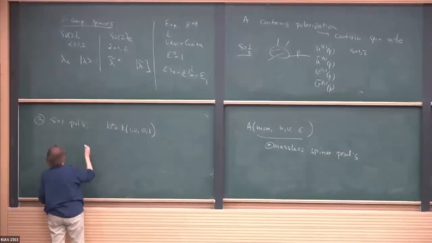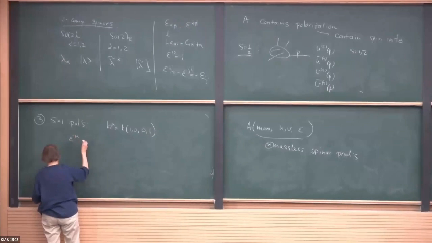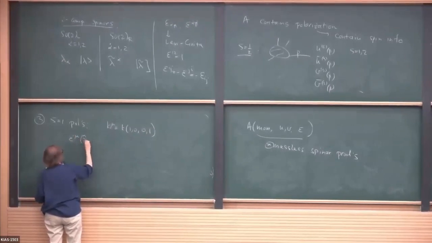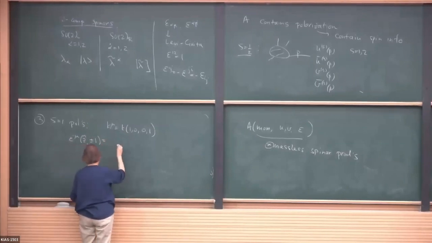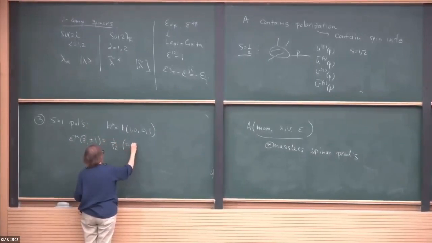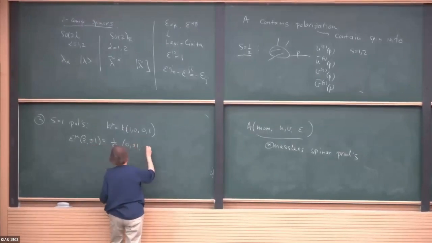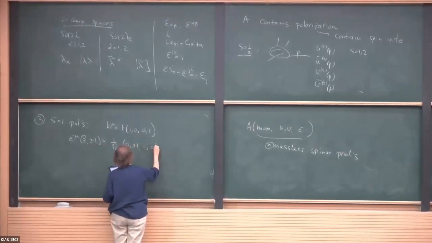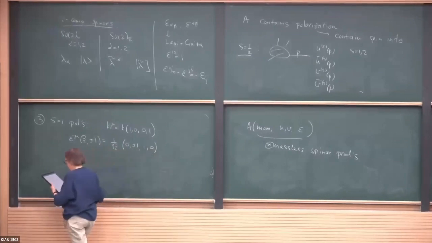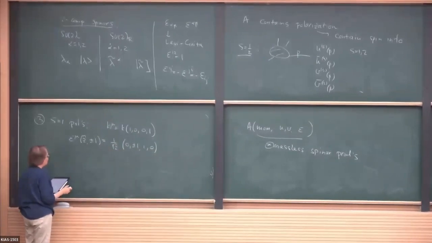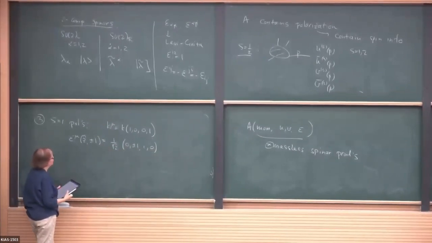So we said before that epsilon mu of z and plus or minus 1 is equal to 1 over square root of 2, 0, plus minus 1, i, 0.